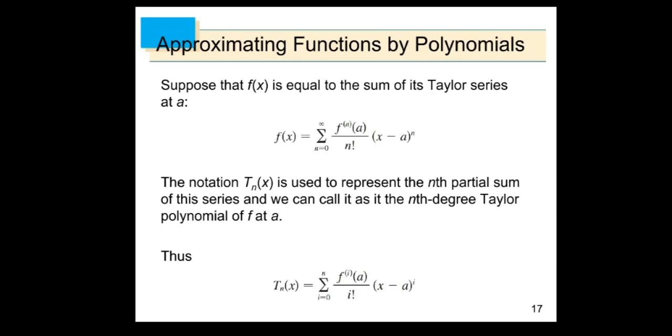So we write T sub n of x is equal to the sum of f i prime of a divided by i factorial, multiplied by x minus a to the power i, with i starting from 0 and going up to n. Because there is a particular number at the end, we are not dealing with infinity here, since we have to deal with the partial sum of this series.